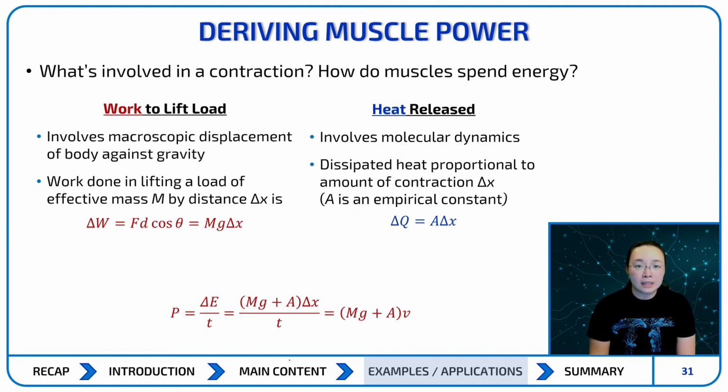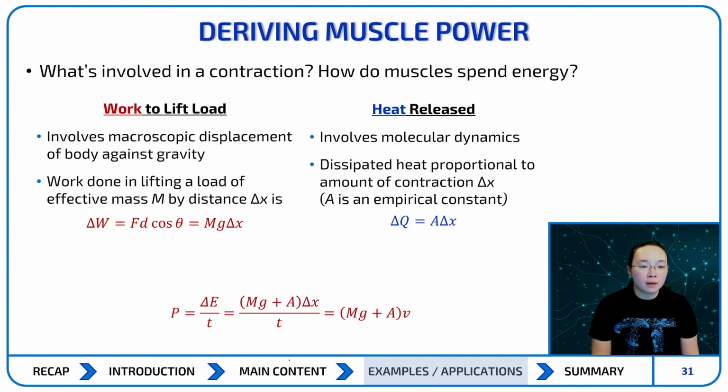Now we take a look at the heat that is released from different simulations that have been created. So we can look at molecular dynamics. When your muscle is contracting or working, it's going to dissipate heat that's proportional to the amount of contraction, delta x. We're also going to consider A as an empirical constant. So this is basically a proportionality equation.